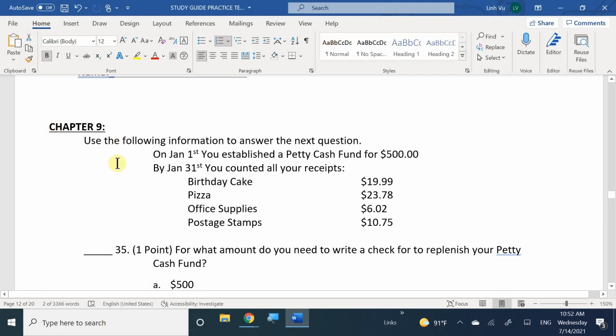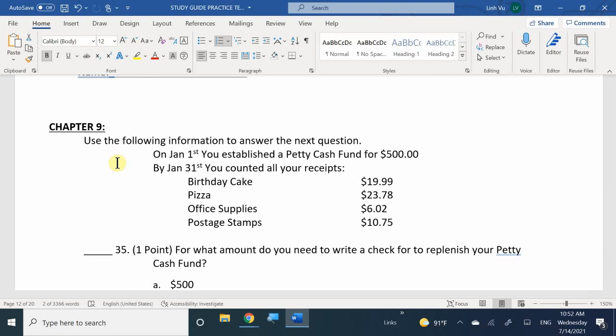Number 9, use the following information to answer the next question. So here on January 15, you establish a petty cash fund for $500. By the end of January 31st, you counted all of your receipts, and here they are. So you got a birthday cake, you got a pizza, you got office supplies, and you got postage stamps.